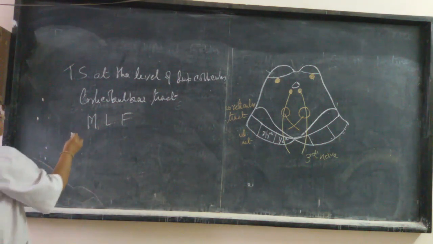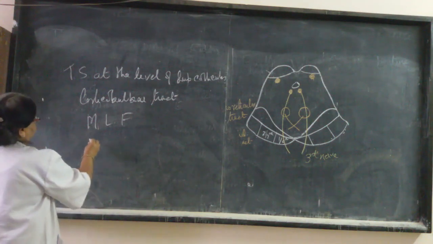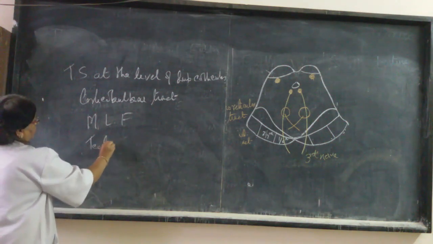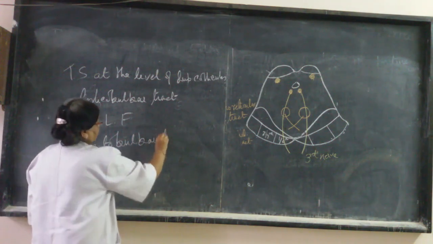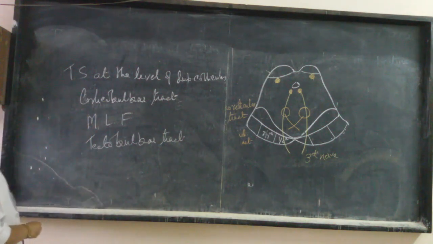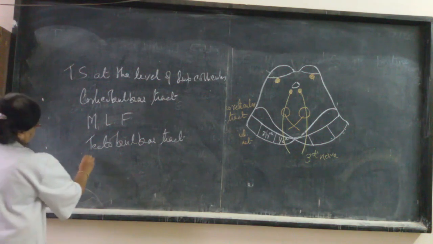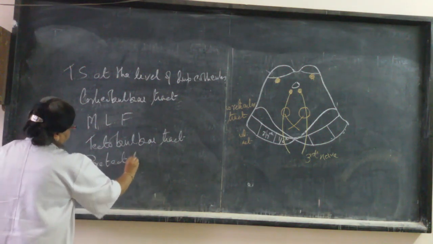The superior colliculus also gives out fibers as the tectobulbar tract. The third nerve nucleus is connected to the pretectal nucleus also.